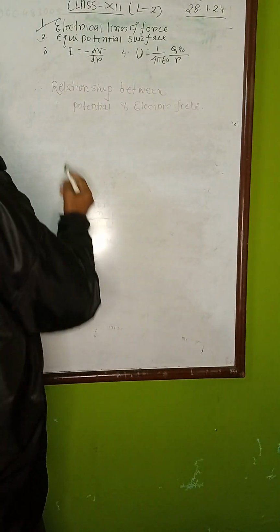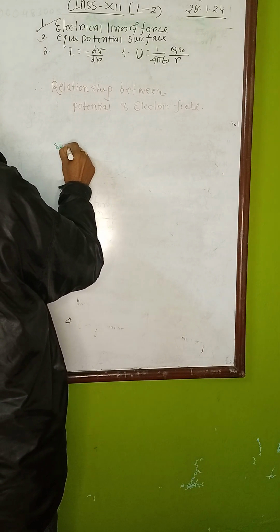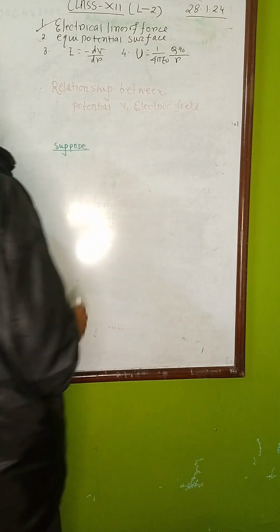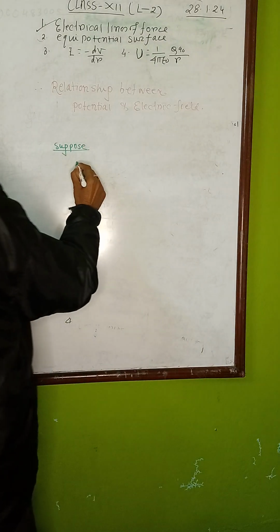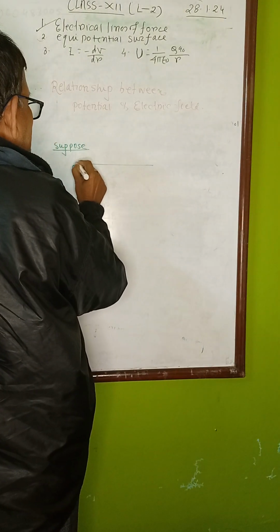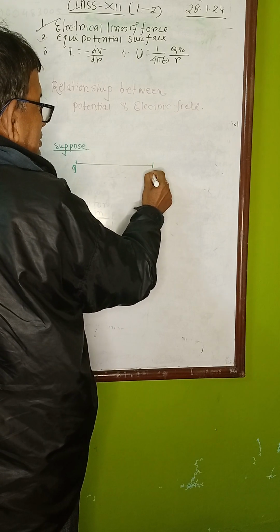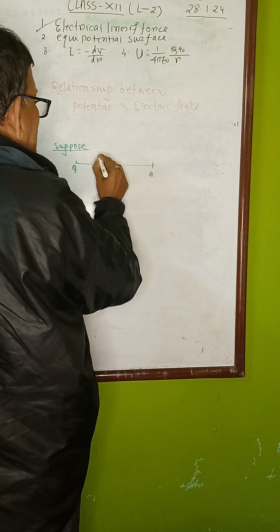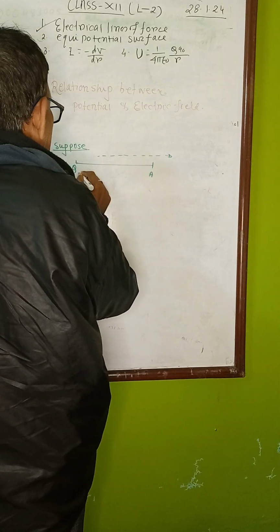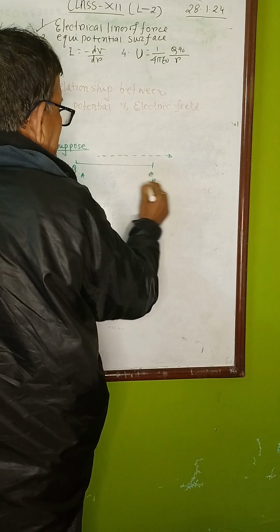What is the field? Suppose Q is the charge at the point A in an electric field, along the direction AB.